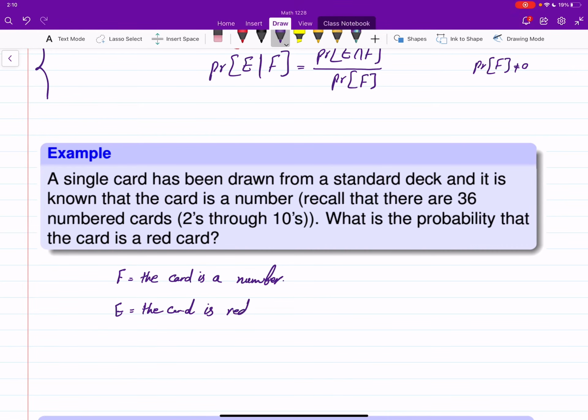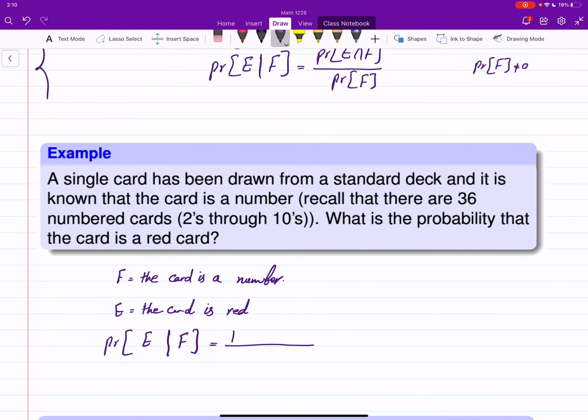What we are looking for is, knowing that the card is a number, what is the probability that the card is red?